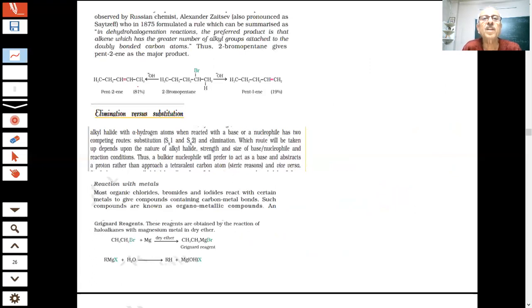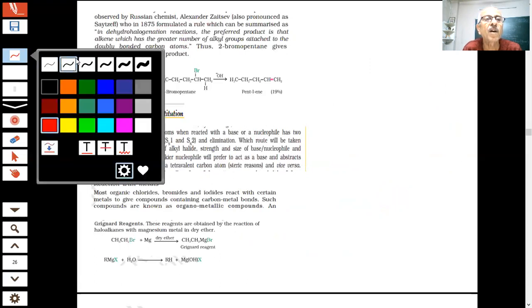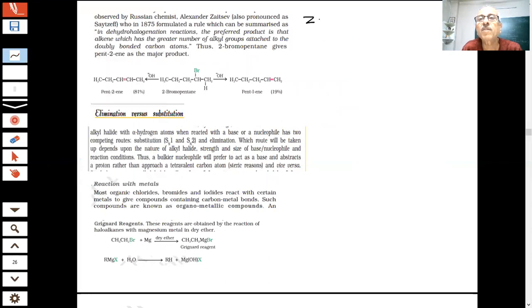The Russian scientist, students, the names are coming on the screen: Jatsev and Satzev. What they call the Jatsev and Satzev rule.